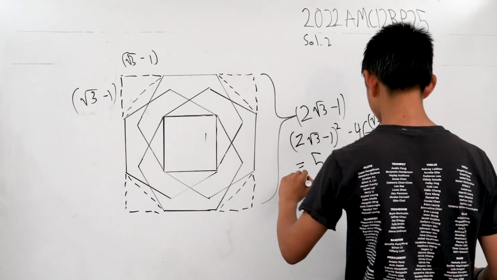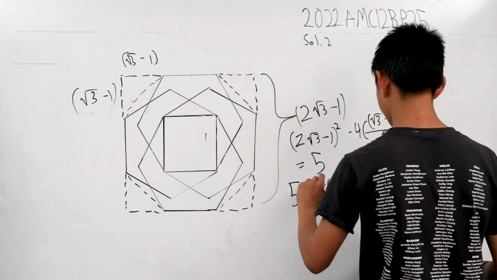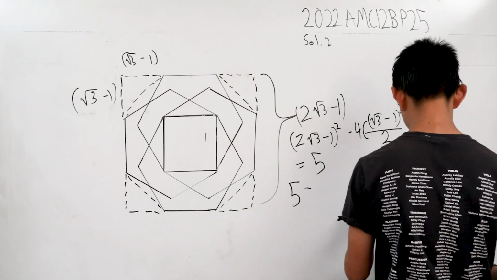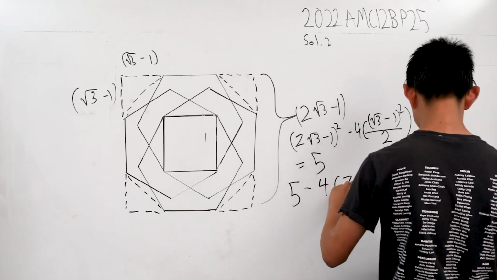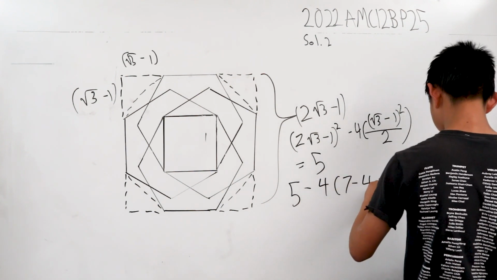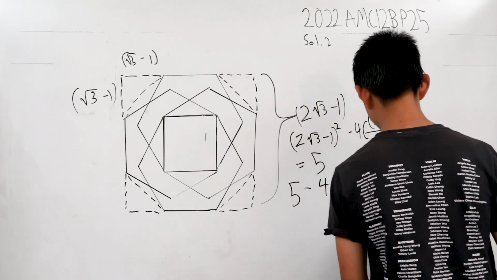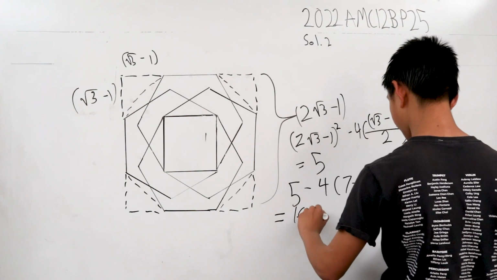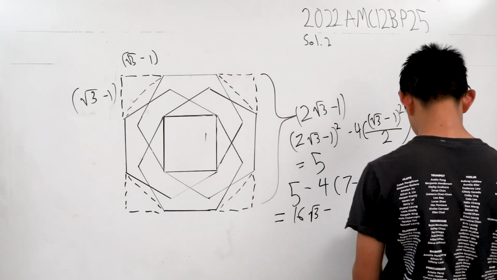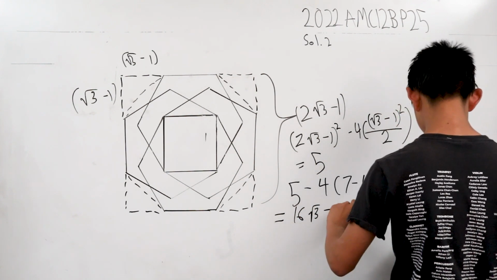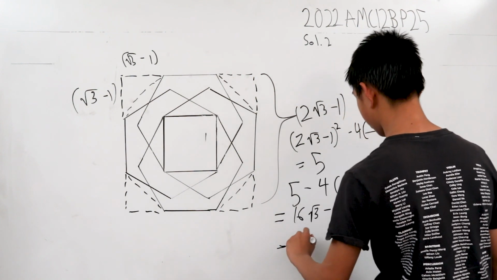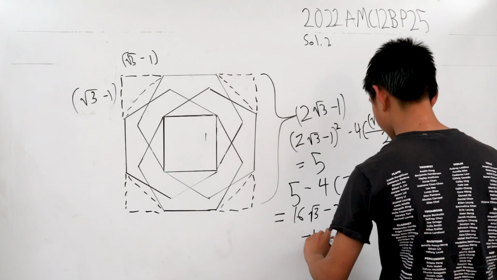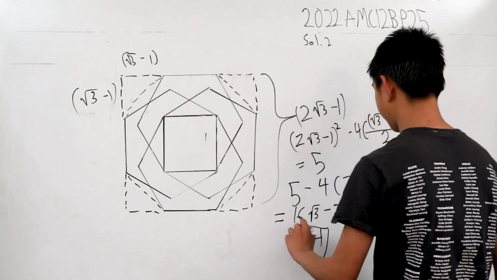So this is 5 minus 4 times 7 minus 4 root 3. This is going to yield our same answer, 16 root 3 minus 23. So summing all those up again, we get our answer of -4, just like in the previous solution.